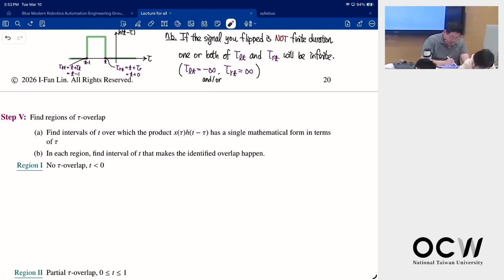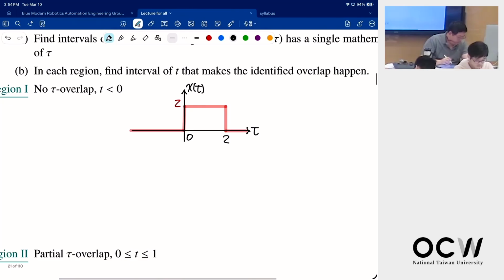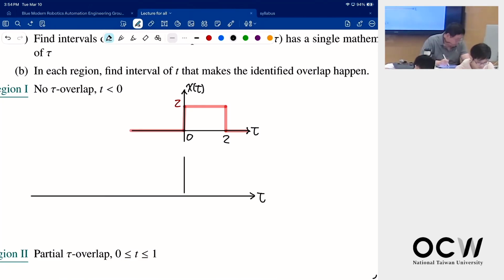with no tau overlap, when t is less than 0, x is from 0 to 2. So here we have 2, and then 0. We flipped h, so this is h of t minus tau. t is arbitrary.